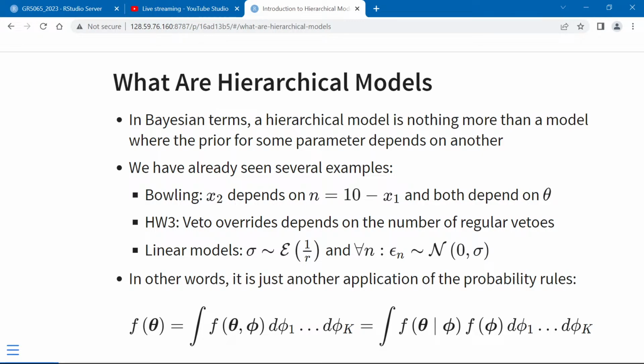So it's just another application of the rules of probability, specifically the multiplication rule. Since we're going to be talking about it in terms of parameters, that's conceptually going to involve an integral, but as we've seen by now, we've never done a single integral by hand.